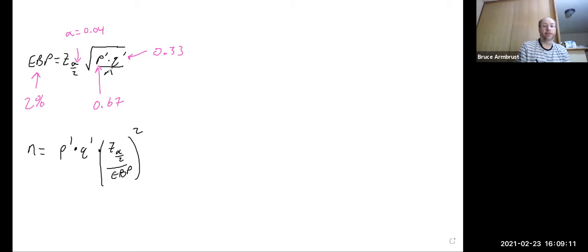So that's what the algebra does on this. I'm pretty sure that somewhere along the way I showed you this formula, and I know it's definitely in the book. But this is what we're going to go with and where we're going to plug in our numbers.